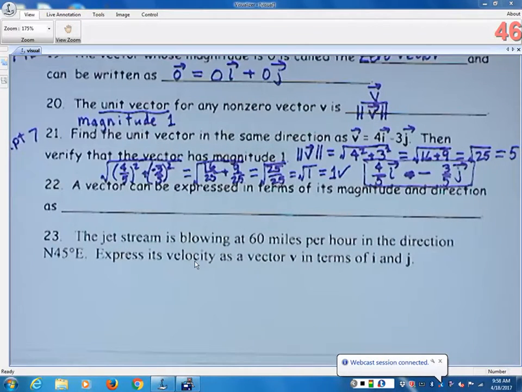Okay, and then we can express a vector in terms of its magnitude and direction.